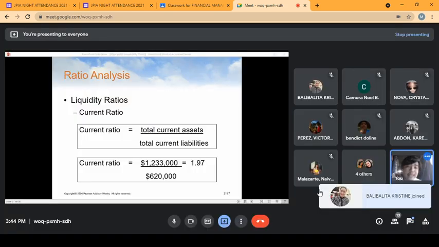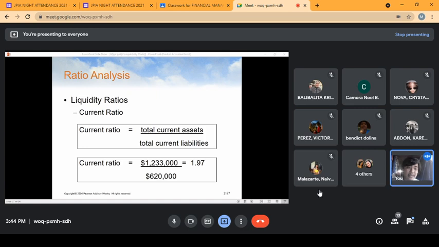Okay, at 1.97, ibig sabihin, in every liability, we are able to pay at 1.97, mababayaran talaga natin, di ba? That is the prima facie. Ibig sabihin, that is the primary information that we can obtain, that in every 1 peso, we can pay at 1.97. But in fact, hindi po yun.